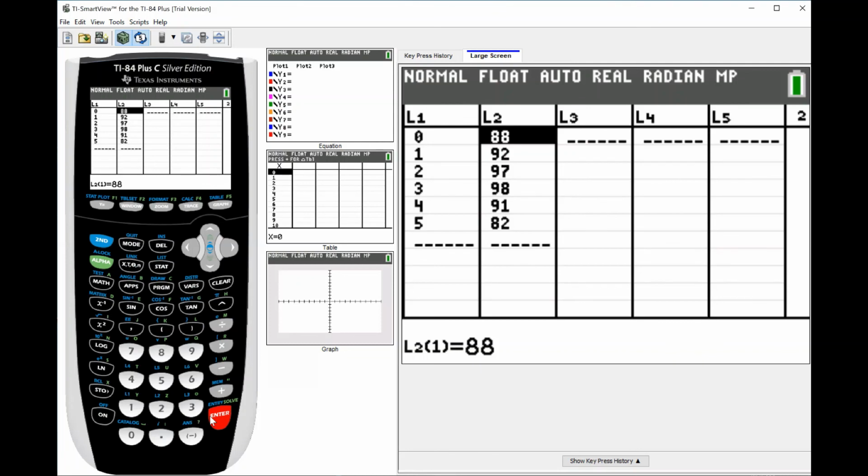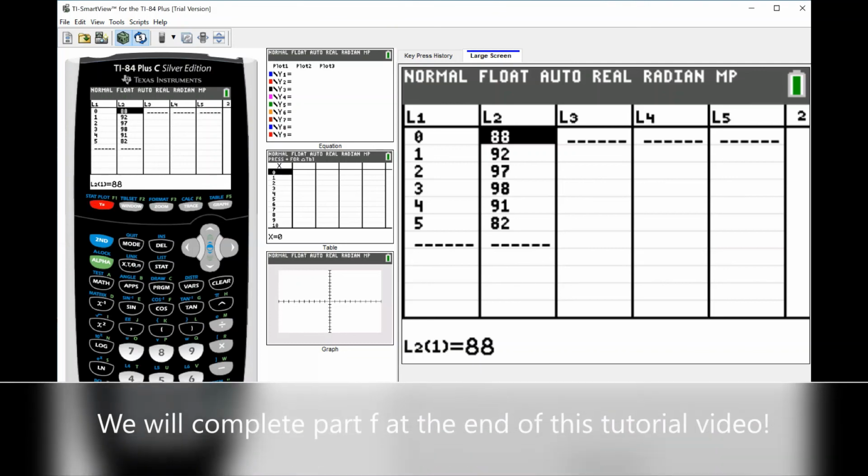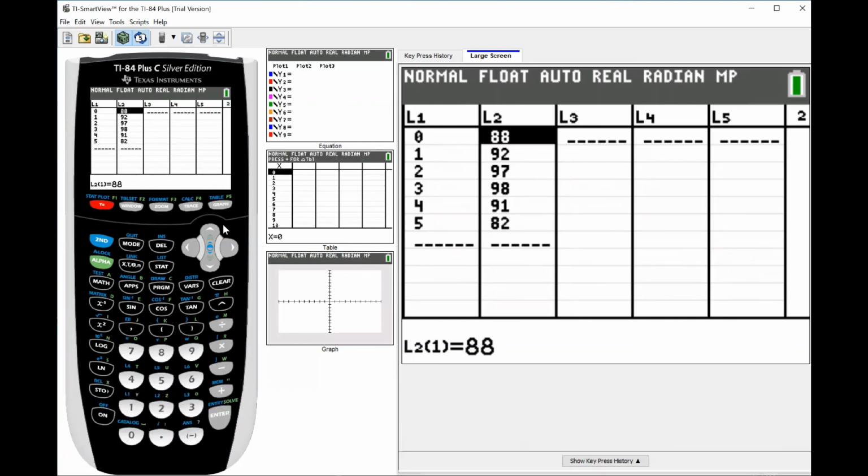It's asking us to find the maximum temperature in Austin in December. How many months after May is December? June, July, August, September, October, November. That's 7 months. So we're looking for the value of y when x is 7. What I'm going to do, I'm going to plug in this equation into y equals.